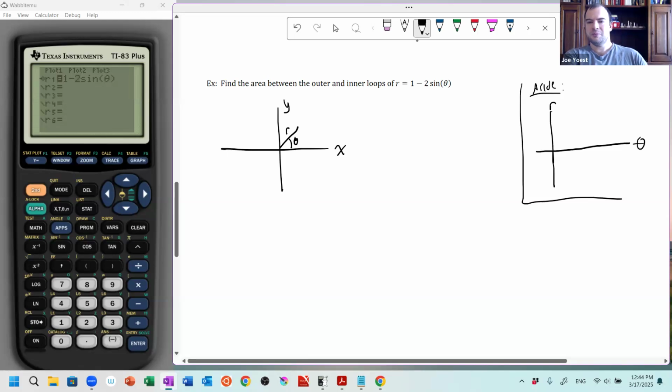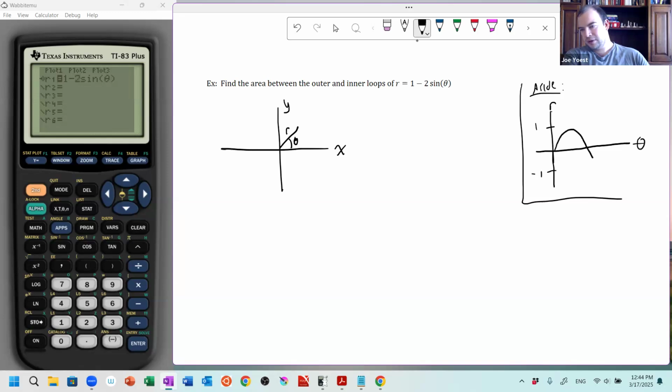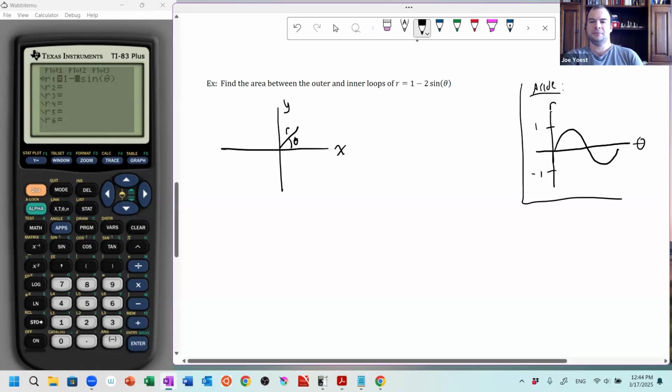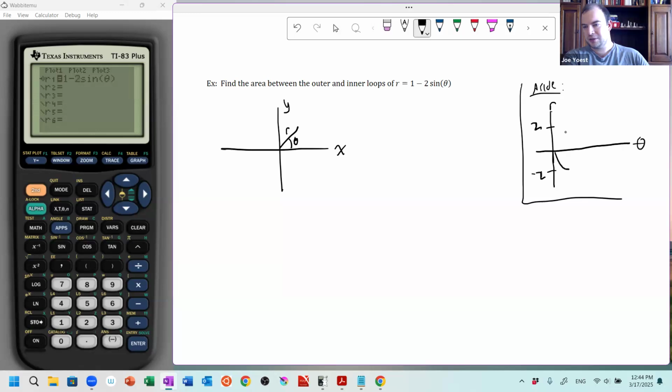Okay, so let's start building this up. What does sine theta look like? Sine theta looks like that. 2 sine theta just looks like this. And negative 2 sine theta, well, let me delete this. Nice. Negative 2 sine theta just looks like this.